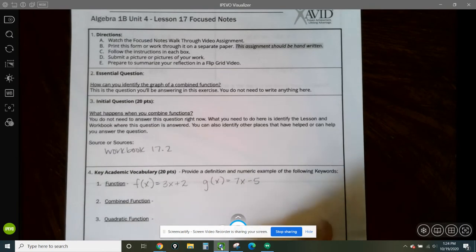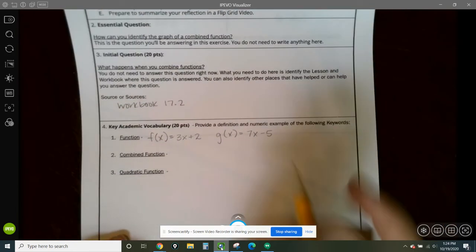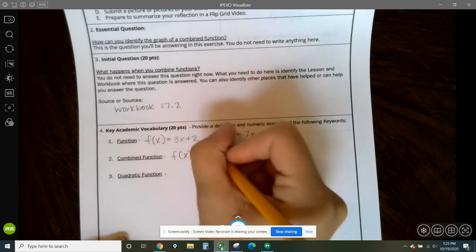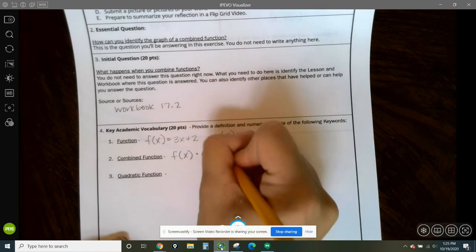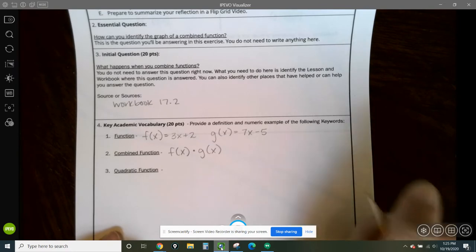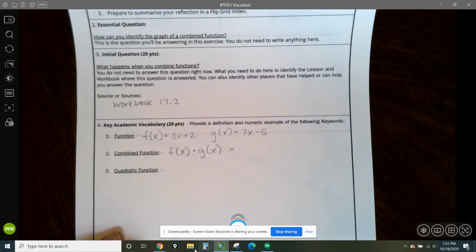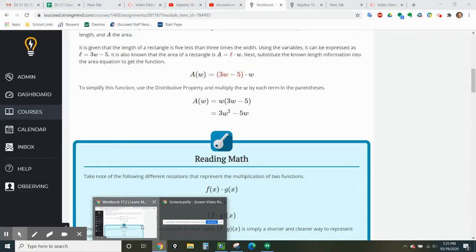So combined function: if I want to multiply these two things together, if I wanted to do f of x times g of x, we don't actually write it like that. The way we write it is like this, and I'll show you this back here in the lesson too.